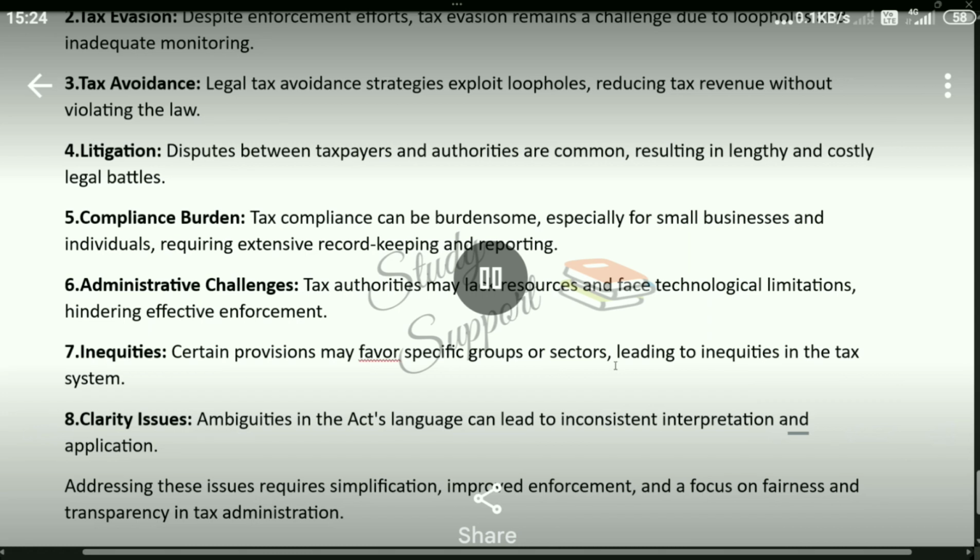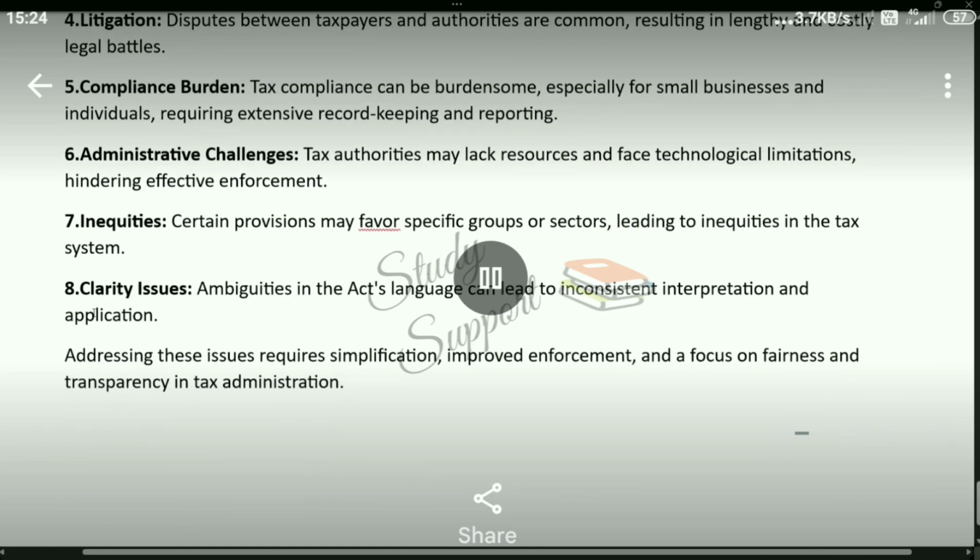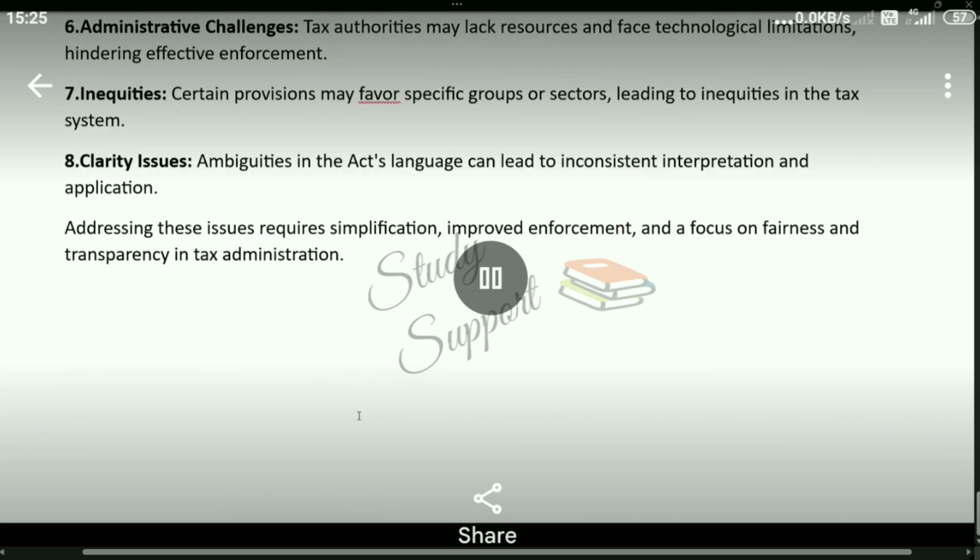Inequities. Certain provisions may favor specific groups or sectors, leading to inequities in the tax system. 8. Clarity issues. Ambiguities in the Act's language can lead to inconsistent interpretation and application. Addressing these issues requires simplification, improved enforcement, and a focus on fairness and transparency in tax administration.